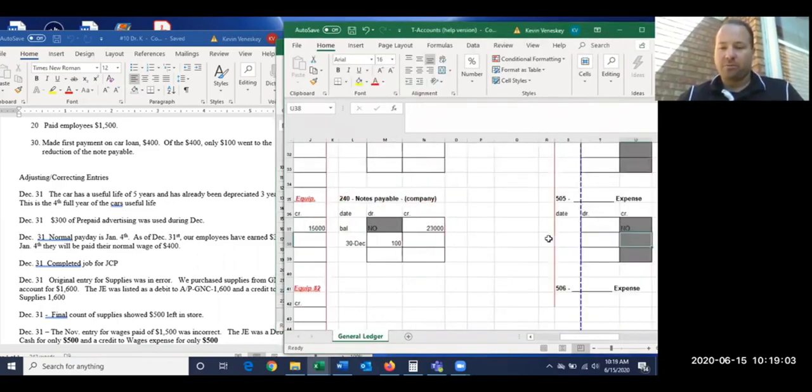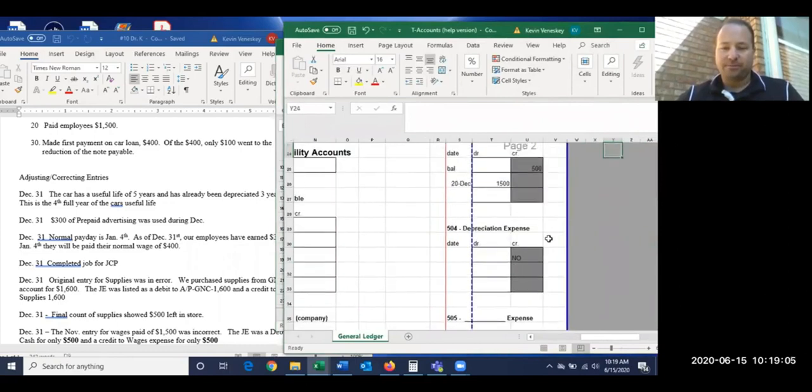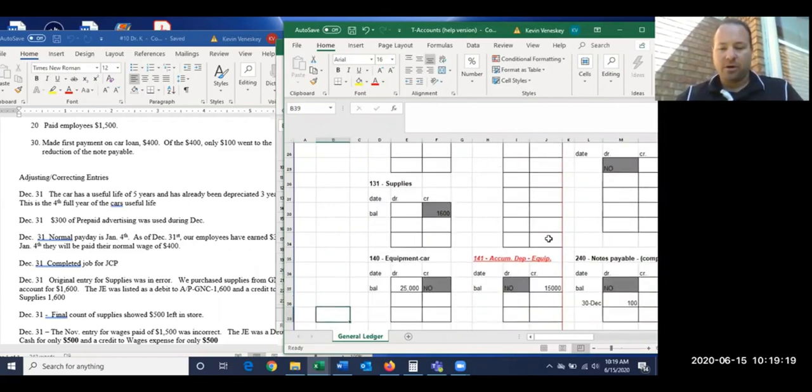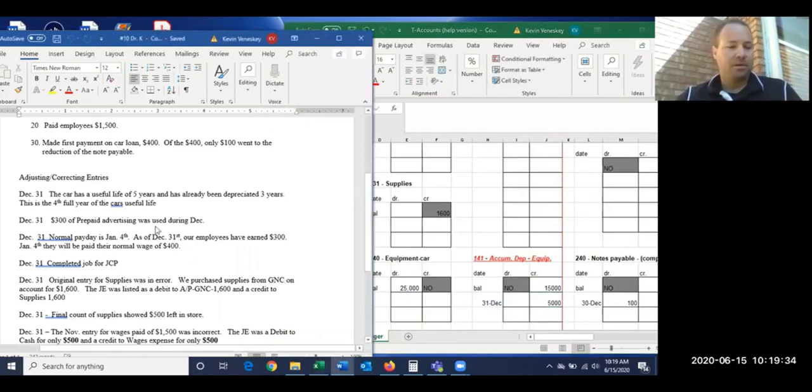So we come over to our depreciation account. On 12/31, our only thing we have, $5,000. And we come over to our accumulated depreciation and add in another 5,000. December 31.